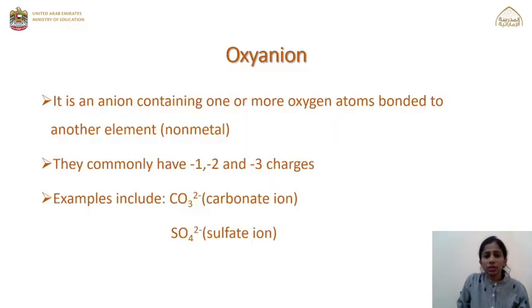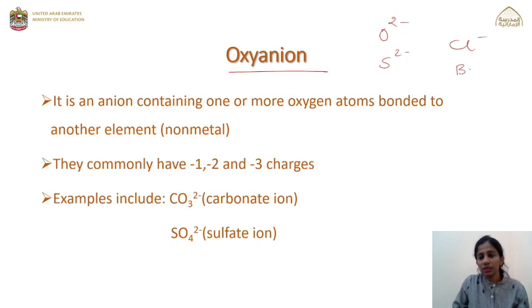Let us see what are oxyanions. We have come across different anions like O2-, S2-, Cl-, Br-, etc. All these ions are made up of a single element. So you call such ions monoatomic ions.